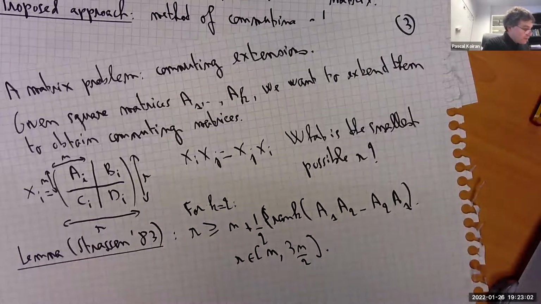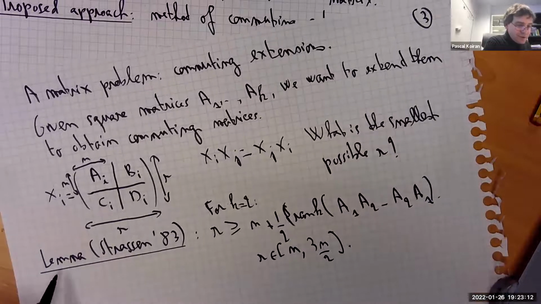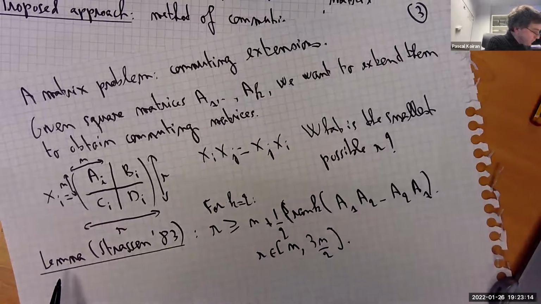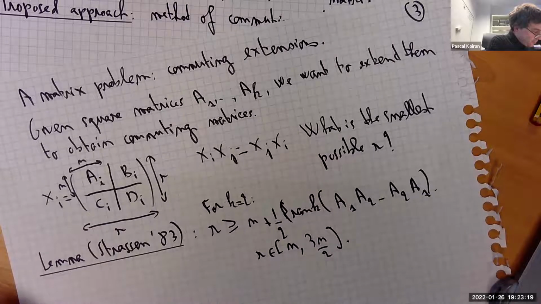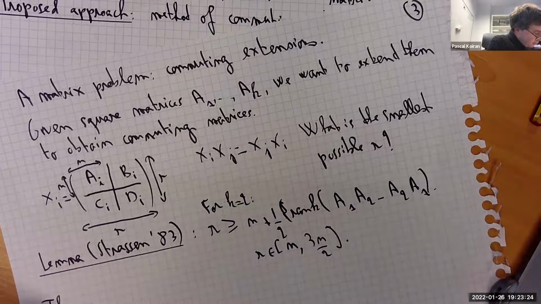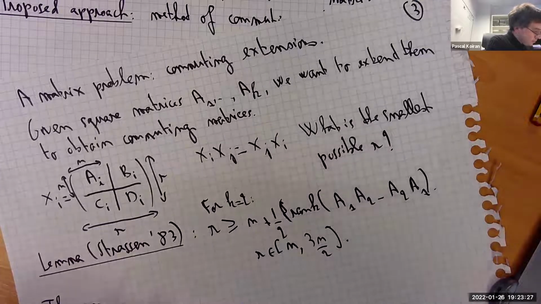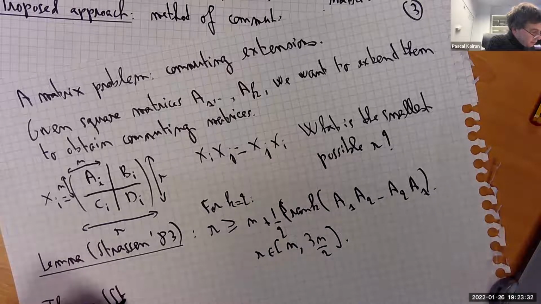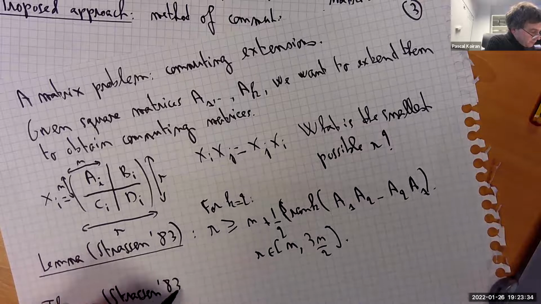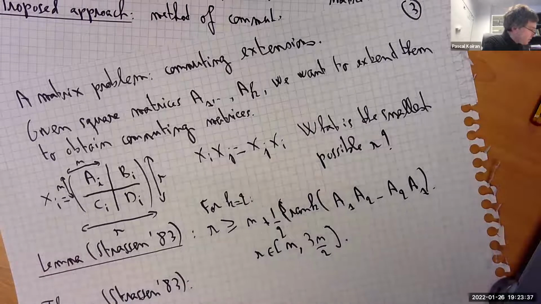All right. So that's from Strassen's work. Let me just, before making some historical comments, state the theorem that Strassen proved using this lemma. So Strassen, again in the same paper, used it to prove a lower bound on tensor rank.